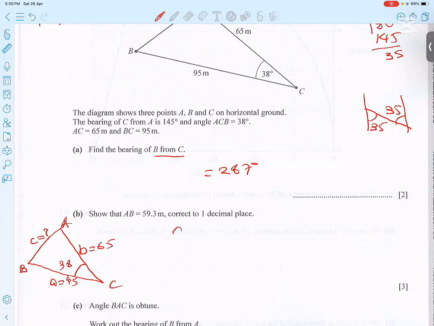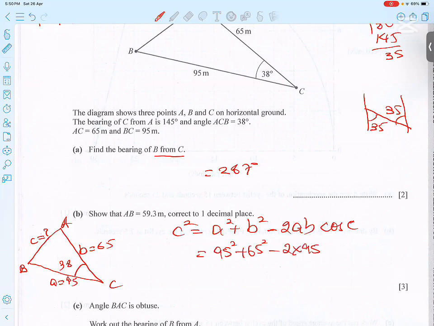I can go for c squared equals a squared plus b squared minus 2ab cos of capital C, the angle in front of it. Now I plug in the numbers. One value is 95 squared, the second value is 65 squared, minus 2 times 95 times 65 times cos of the angle, that is 38.